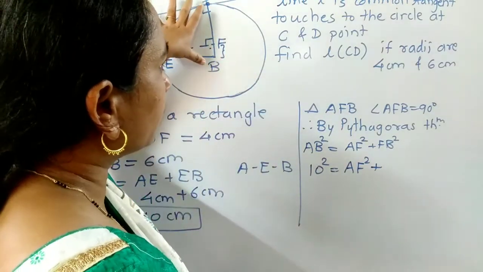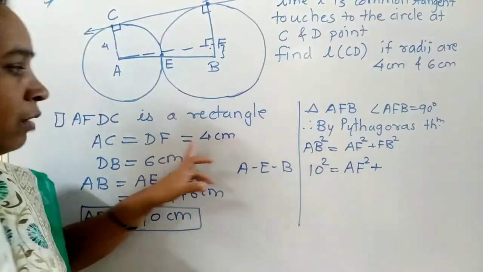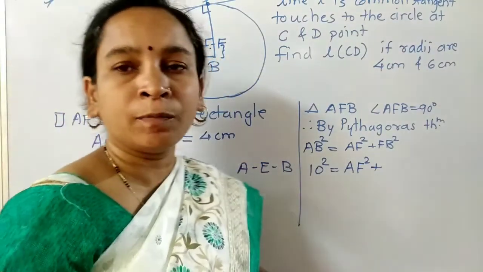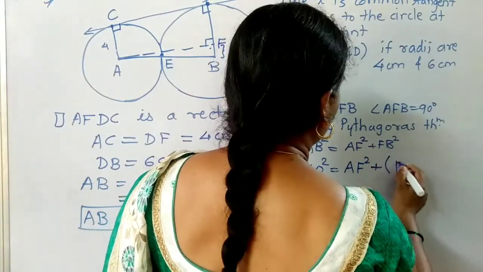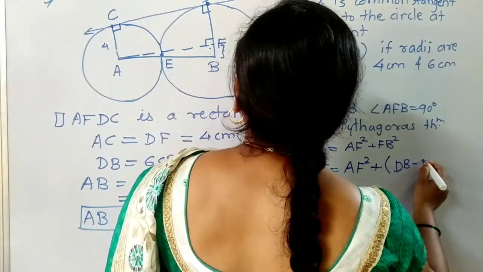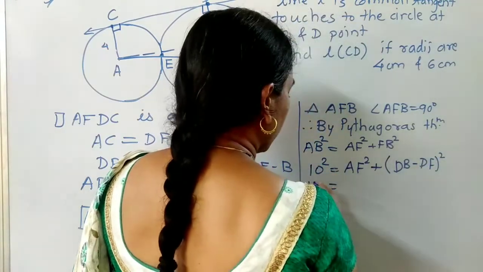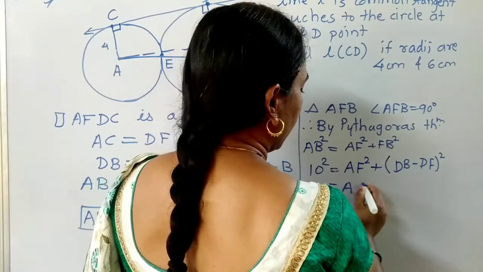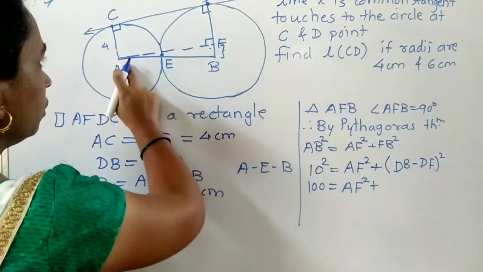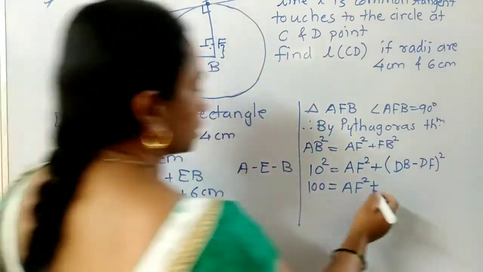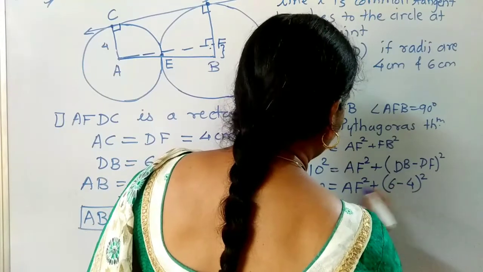From BD, if I cut DF, which is 4 centimeters, I get the value of FB. So FB means DB minus DF, bracket square. So 10 square is 100, equal to AF square plus, DB is 6 centimeters minus DF is 4 centimeters, bracket square.